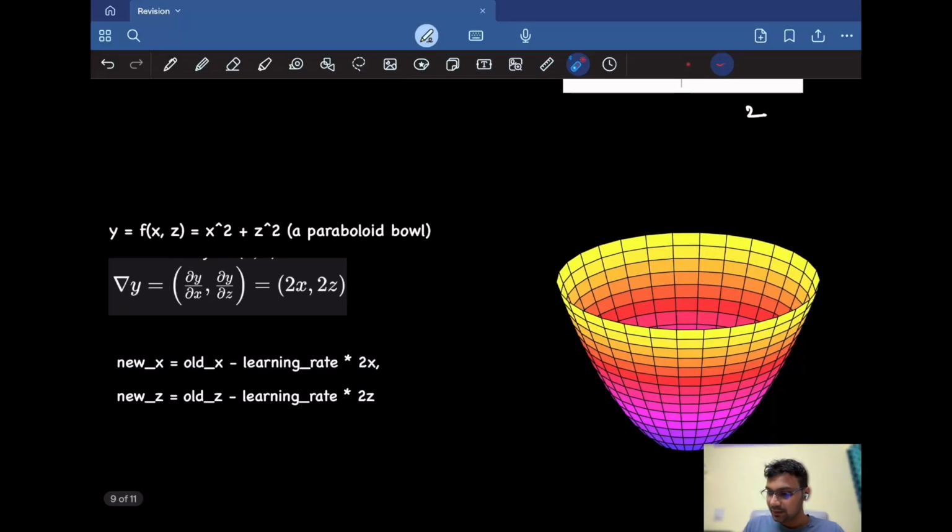Here the gradient at any point wherever we are standing is a partial derivative with respect to both variables. Based on the value of this gradient, we will decide, if we want to minimize y, in which direction we should move the values of x and z so that we move towards the bottom of the pit.